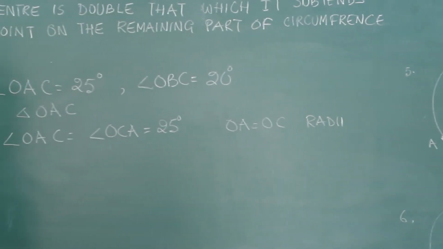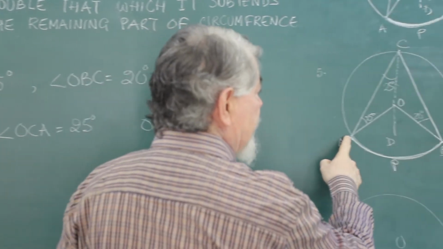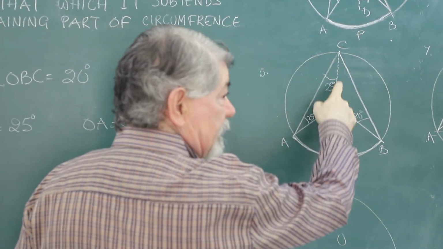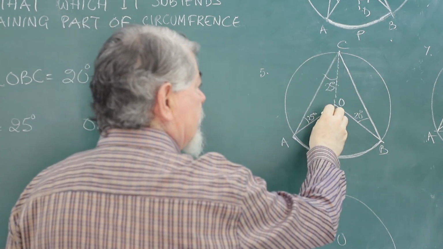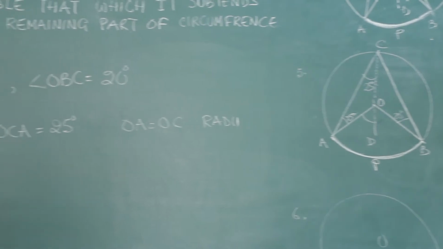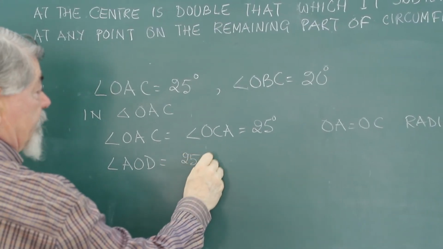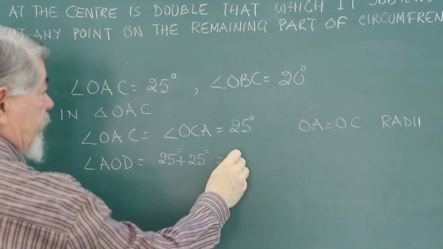Another angle property is that the exterior angle of a triangle... OAC is a triangle. I have extended side CO to point D. Then this angle AOD will be equal to 25 plus 25, that is 50 degrees.